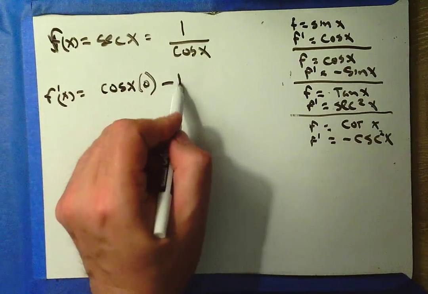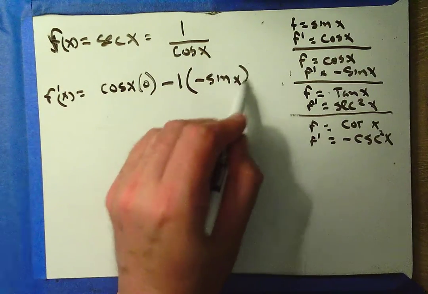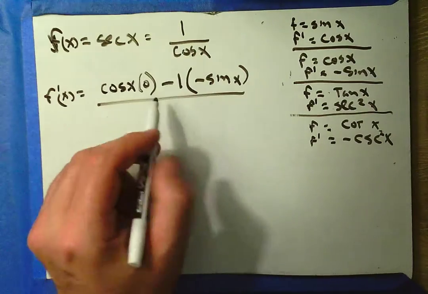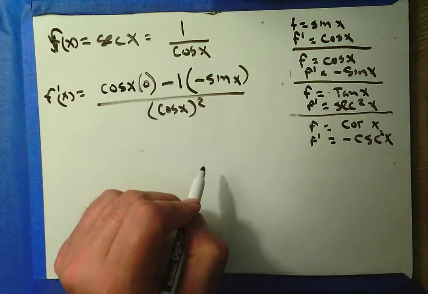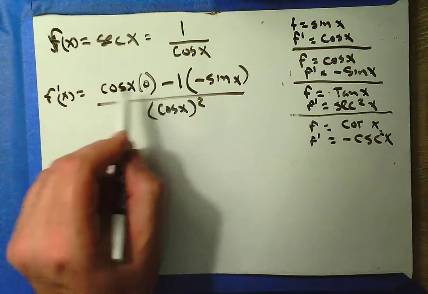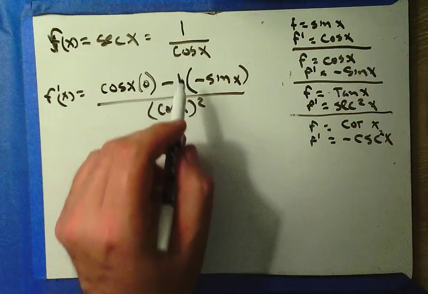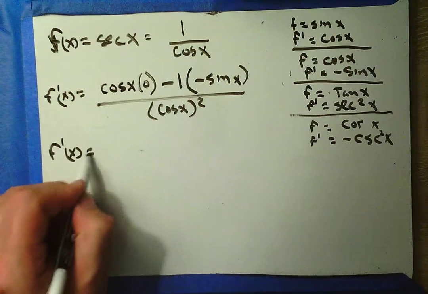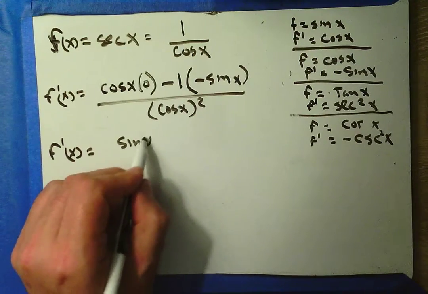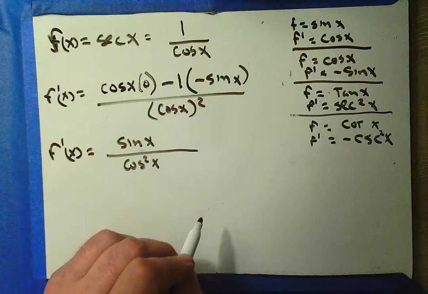Minus high, and the derivative of cosine is minus sine, over low, cosine x squared. So what are we looking at here? Well, 0 times this, that all goes away. Minus times minus is plus, 1 times sine is sine, and I get f prime of x, sine x on top, cosine squared x on the bottom.